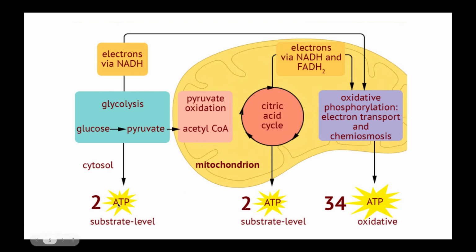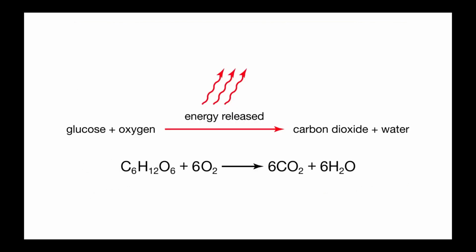As you see from all the ATP generated from all these steps, the last step is where most of the ATP synthesis occurs. So here's the equation for ATP synthesis. It uses glucose and oxygen to create ATP. Some of the energy is released as heat energy, and the rest is the ATP.